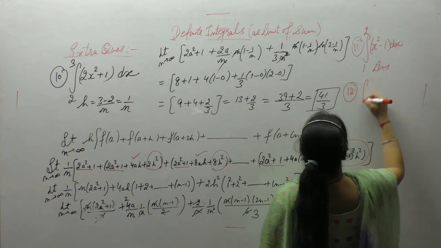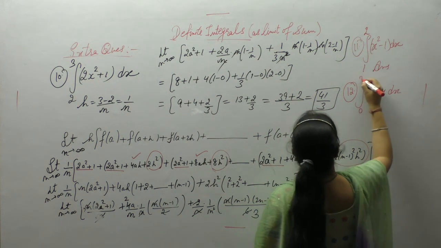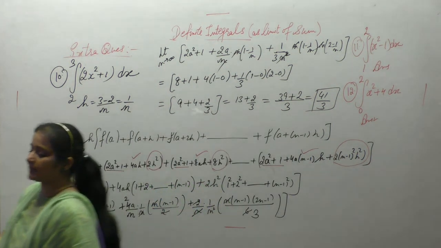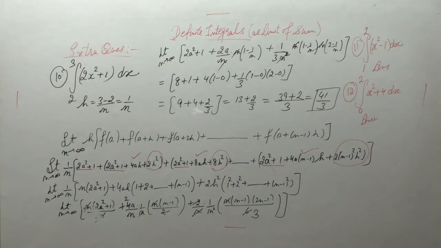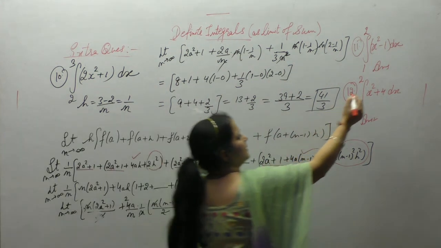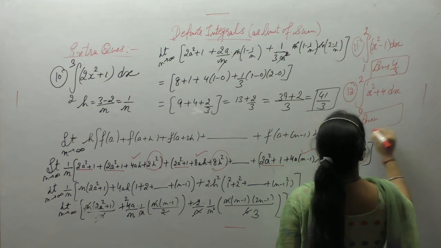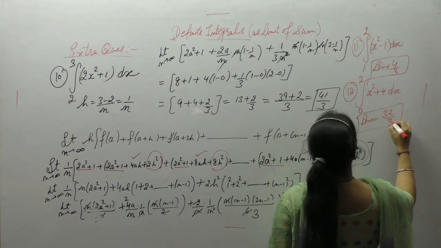And the next one is integral of x square plus 4 dx from 0 to 2. We solved x square plus 1 within the same limits. Now here x square plus 4, 0 to 2. Its answer is 4 by 3 and here the answer is 32 by 3.